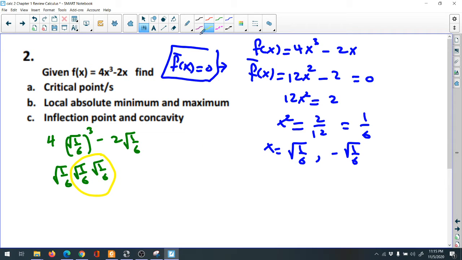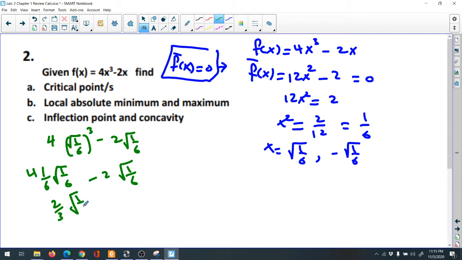So it's just 1 over 6, and the square root of 1 over 6 left, times 4, minus 2 square root of 1/6. Then divide by 2, then it's 2/3. This is 2/3 square root of 1/6 minus 2 square root of 1/6.